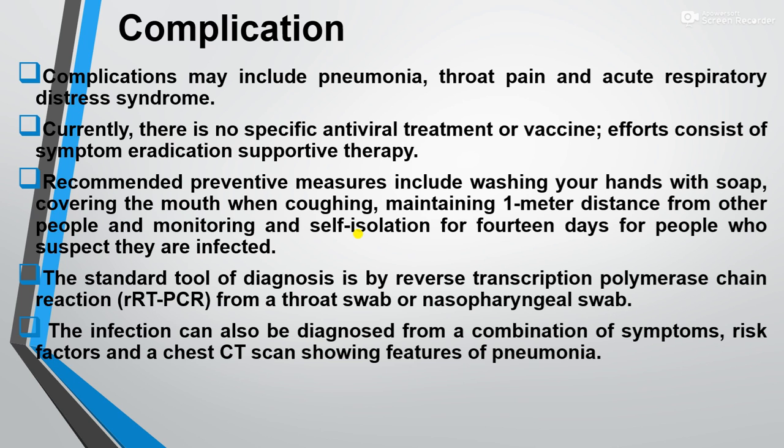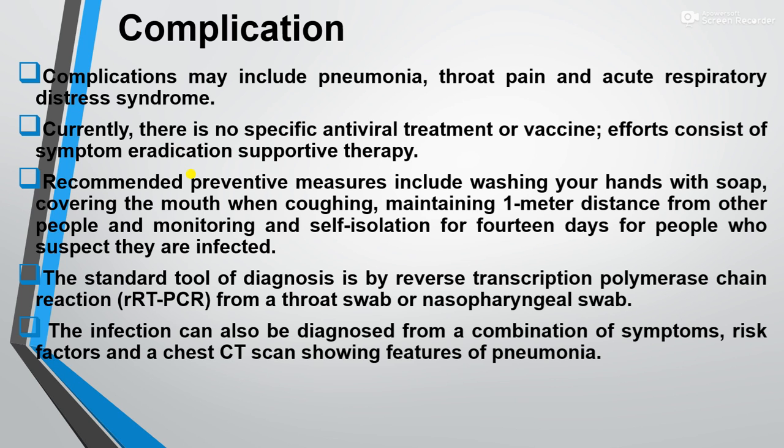Now, what are the different complications related to COVID-19? The complications may include pneumonia, throat pain, and acute respiratory distress syndrome may occur. Currently there is no specific antiviral treatment or vaccine.